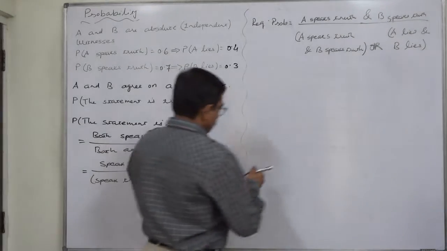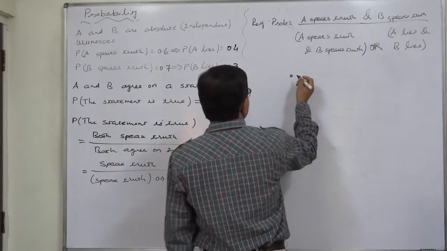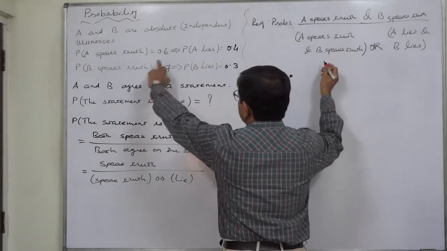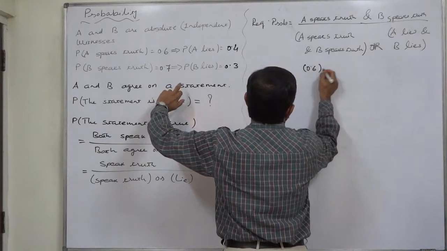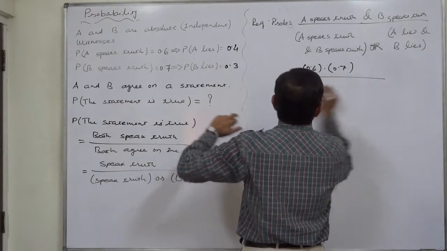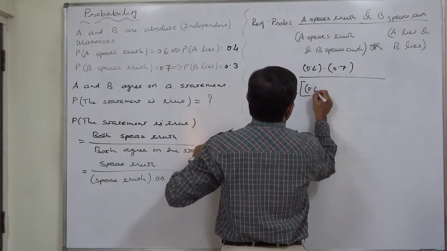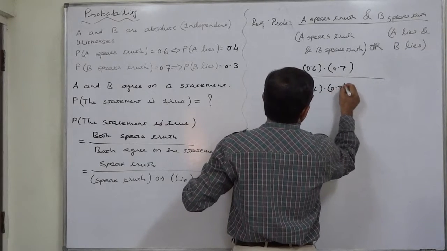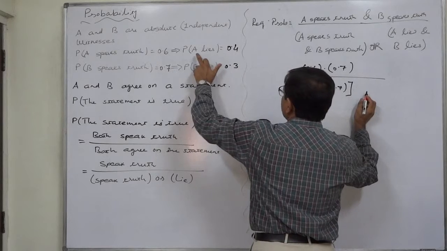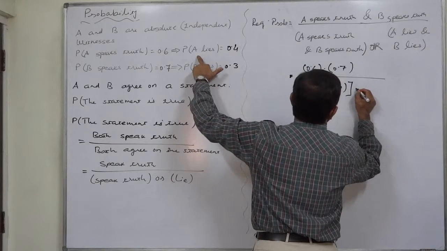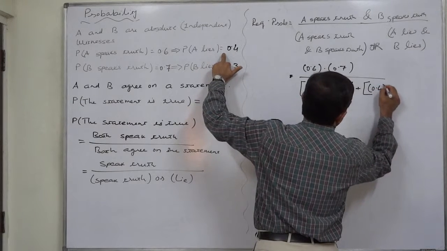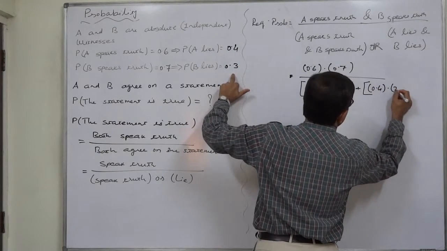Now we can numerically find the probability. A speaks truth 0.6 into B speaks truth 0.7, upon again the same 0.6 into 0.7, but another way of agreeing on a statement is A lies 0.4 and B lies 0.3.